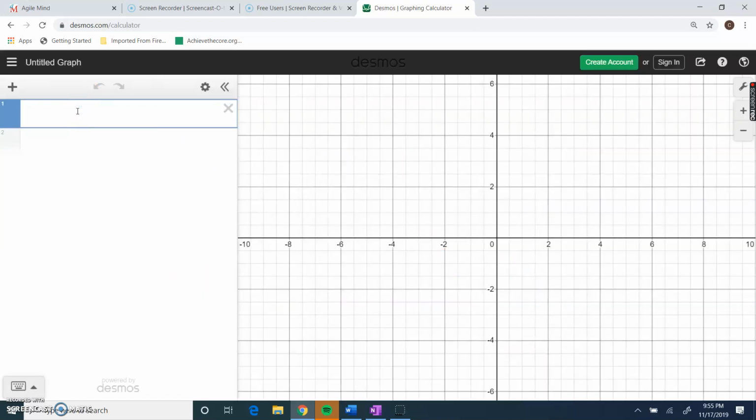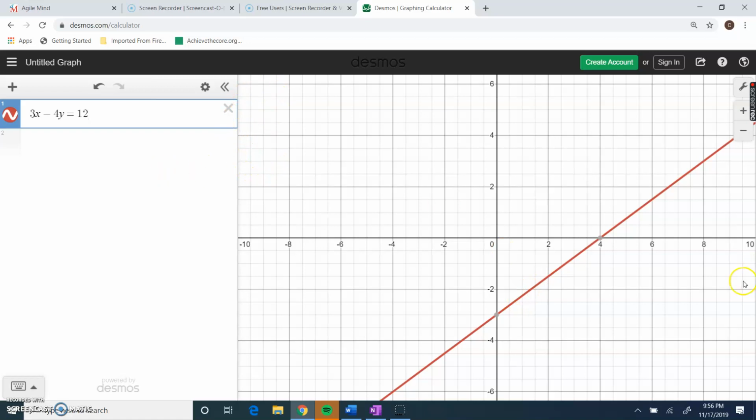You can plug in y equals 3x minus 4, and it gives you the graph of that equation. So if you want to come up with some equations that you then want to graph, you can do that. You can even put some in standard form, 3x minus 4y equals 12, and it'll graph it for you in standard form as well.